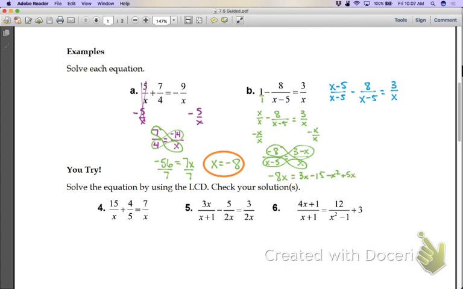Now I have a quadratic, so what am I going to have to do with everything? Get it to the other side. I'm going to have x squared, negative 8x plus 3x plus 5x. What happens? Everything just goes away, and then I'm going to have plus 15 equal to 0.